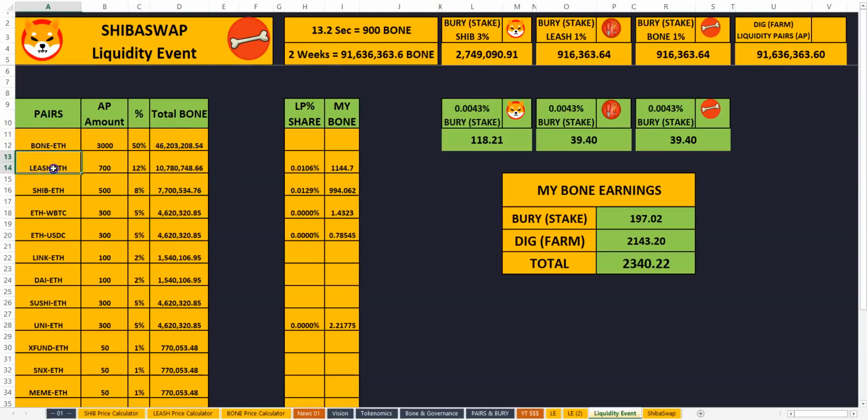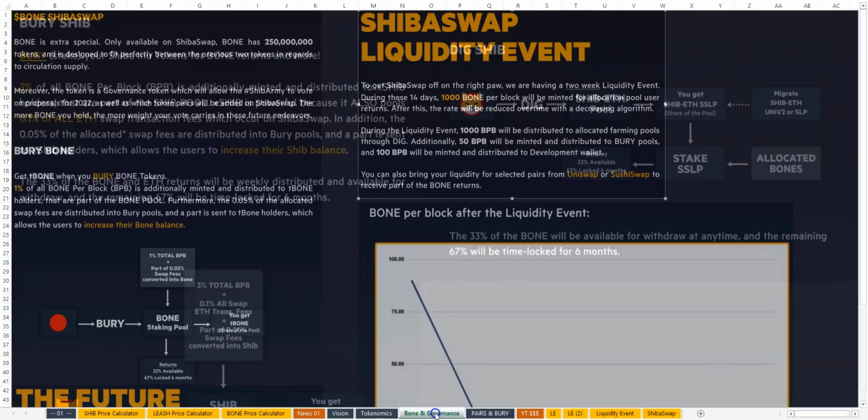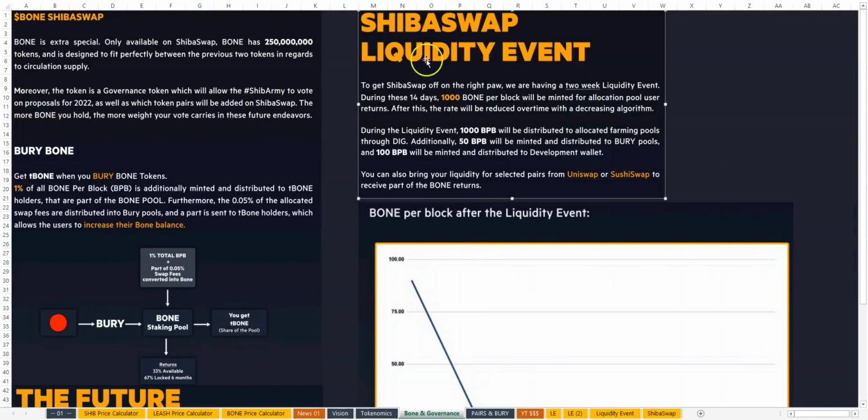I happen to have created some pairs in Uniswap. I believe if you read the liquidity swap event here, it says you can also bring liquidity for selected pairs from Uniswap or SushiSwap. These are other existing swaps which already exist.